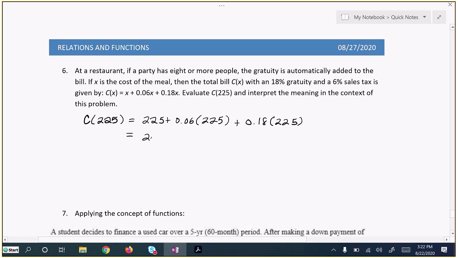So that's 225 plus 0.06 times 225 is 13.5, 0.18 times 225 is 40.5. So this is 225 plus 54. And that is equal to 279. So C of 225 is 279. That's the first part of the question.